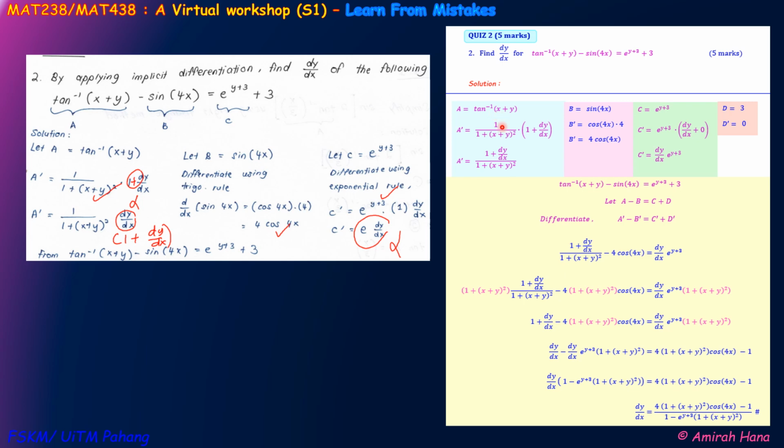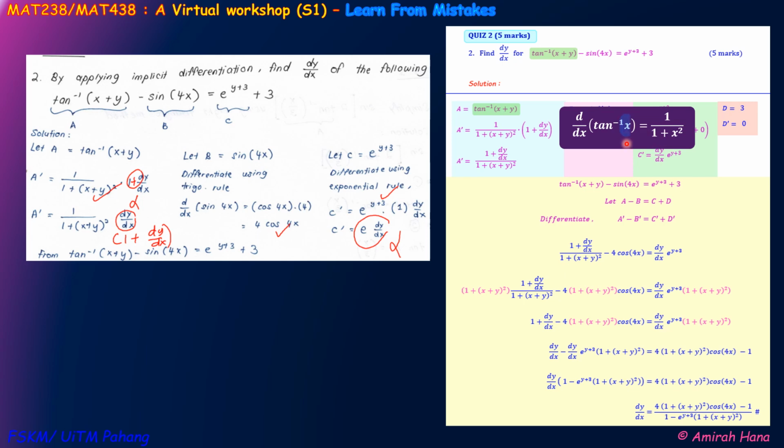Okay, kita tengok yang daripada jawapan di sini. So, we let A equals inverse tangent of (x plus y). How to differentiate inverse tangent of (x plus y)? We can refer from the basic formula, which is the derivative of inverse tangent of single x, and the answer equals 1 over 1 plus x squared.